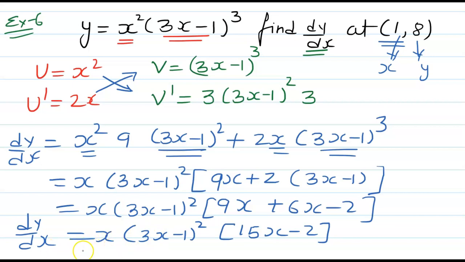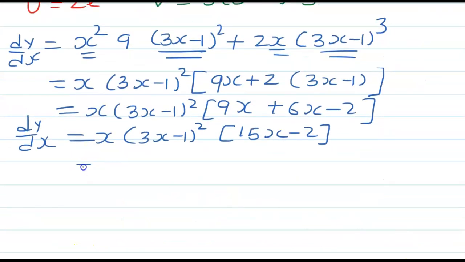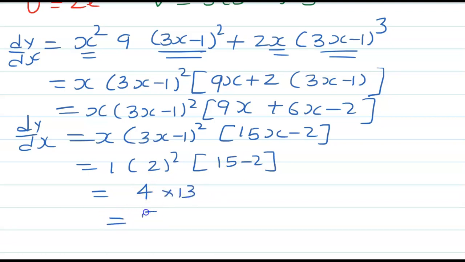If you put 1 here, it will be 1, and it will be 3 minus 1, that is 2. So 2 is square, and it will be 15 times 1 is 15 minus 2. Sorry, I'm not using a calculator. If you want, you can use a calculator. 4, and this will be 13. 4 times 13, the answer will be 52. Okay, you can always check your working.